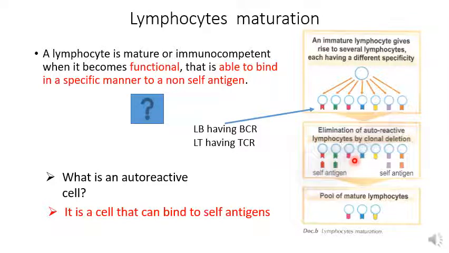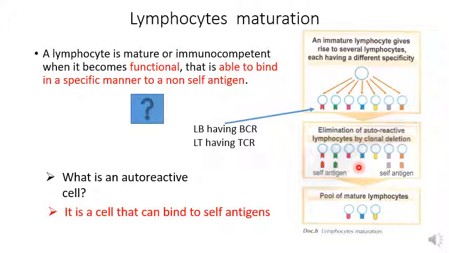Then these receptors can bind only to non-self antigens like those present on the surface of bacteria, for example. So we need in our body lymphocytes with receptors that can bind to non-self antigens.